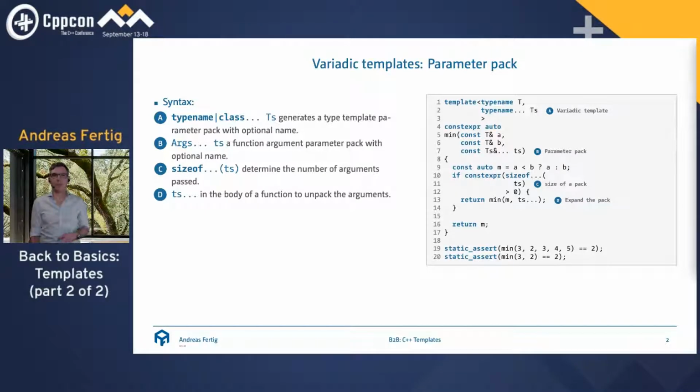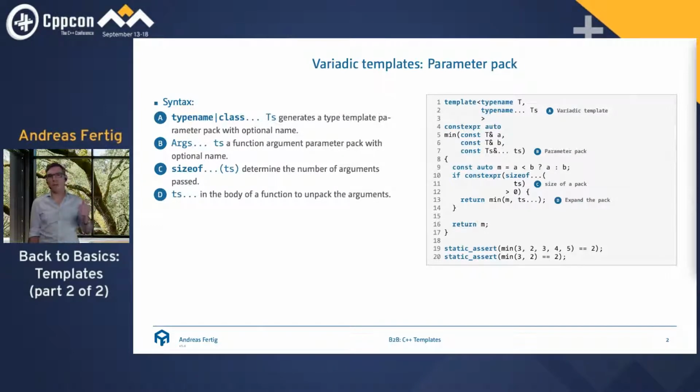or template parameter. And here, then I have a min function. It returns auto. It's constexpr because I can. And if you remember or were there in the first round of the talk, then I already had the min function there. It took two parameters, a and b, by const T ref, the same as here.